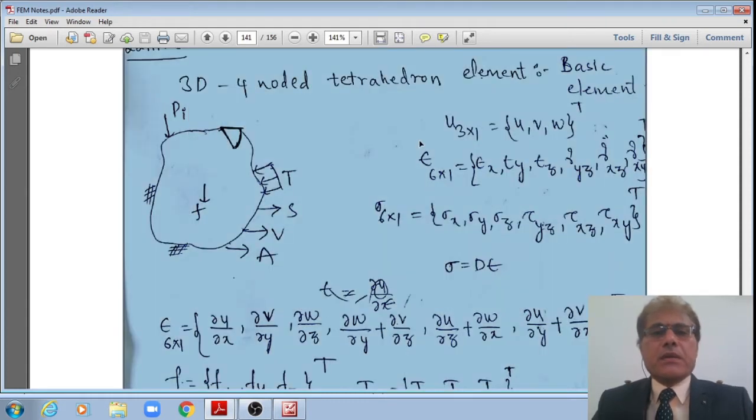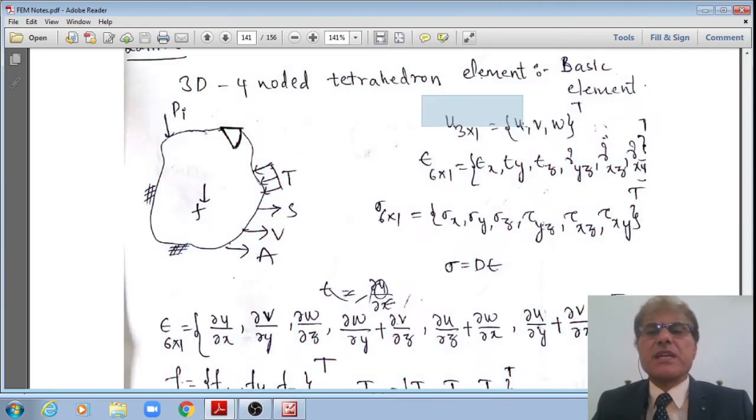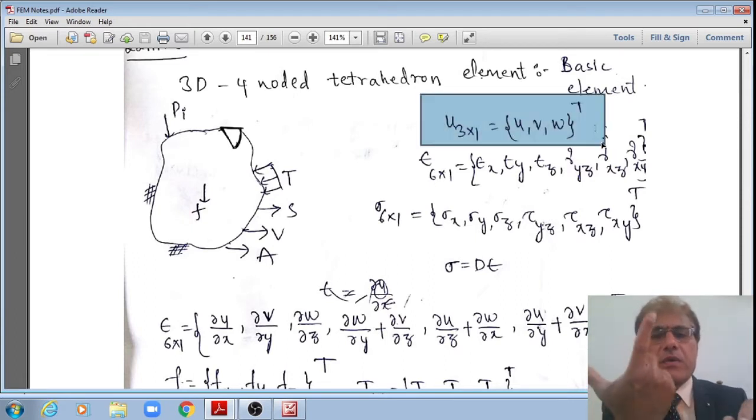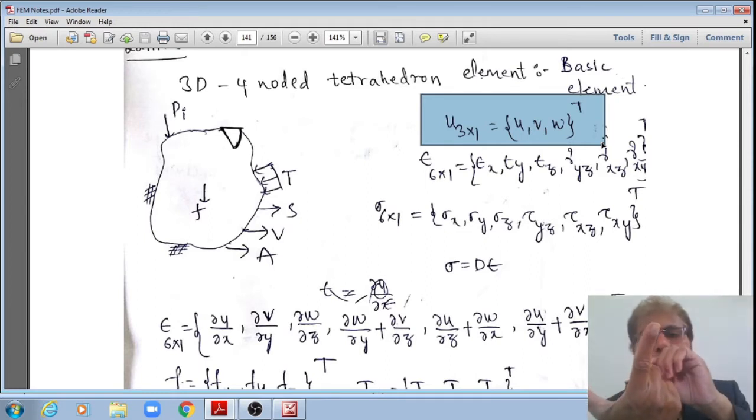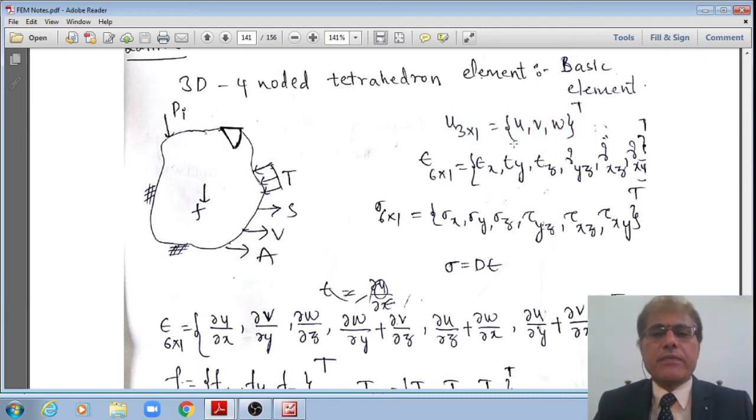Then this 3D problem has three displacements, students: the displacements in x, y and z directions, u, v, w, respectively.